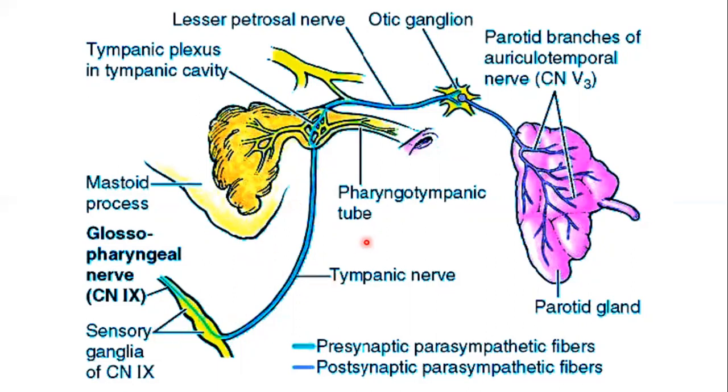You see, I told you again, inferior salivatory nucleus, then the sensory ganglia of cranial nerve 9, tympanic nerve, then the tympanic plexus in the tympanic cavity, then the lesser petrosal nerve, then the otic ganglion relays the presynaptic fibers, and from this otic ganglion, the postsynaptic fibers go via this auriculotemporal nerve. This is the ultimate source supplying the parotid gland.